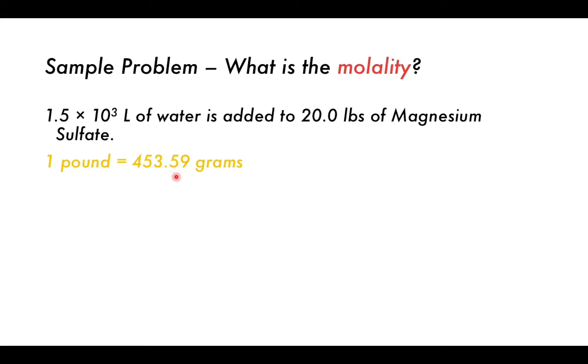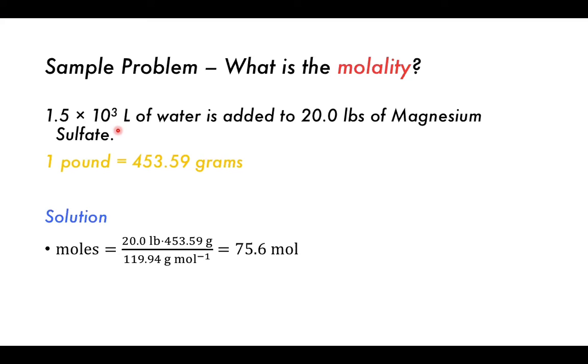We're dealing with molality here, so we're going to want to also convert our water, assuming a conversion of 1 milliliter to 1 gram. We're looking at 1.5 times 10 to the 3 liters, so we're going to have 1.5 times 10 to the 3 kilograms, because a liter contains 1,000 milliliters, which is also 1,000 grams, which is 1 kilogram.